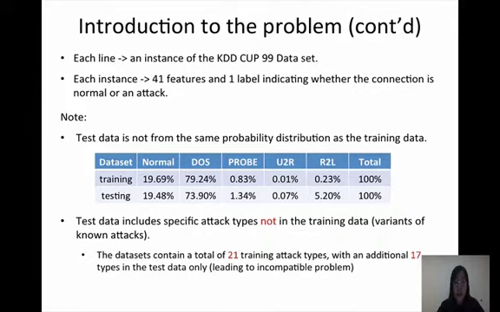Specifically, in the testing dataset, about 5% more of the instances are of the R2L category than in the training dataset. Correspondingly, the training dataset has 5% more instances of the DOS category compared with the testing dataset.